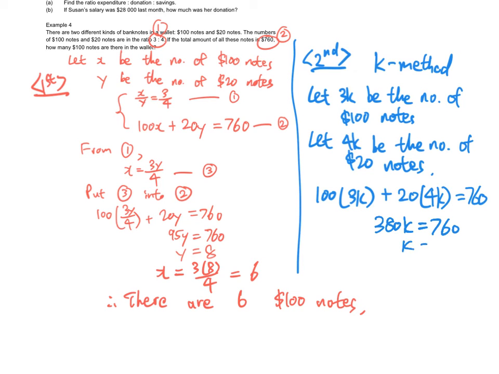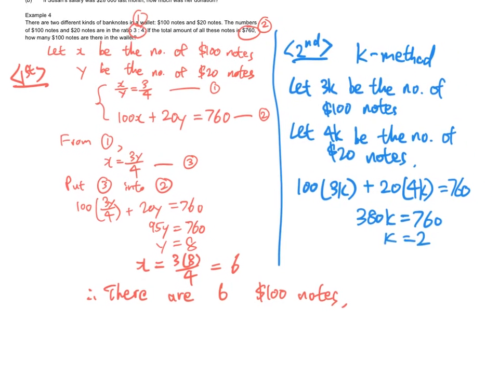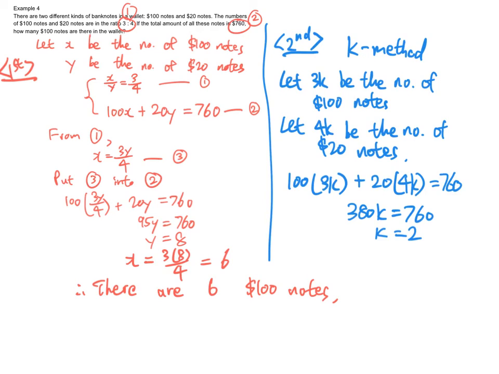So K equals 2. And then how many 100 notes? The number of 100 notes would be 3K. So 6 100 notes.